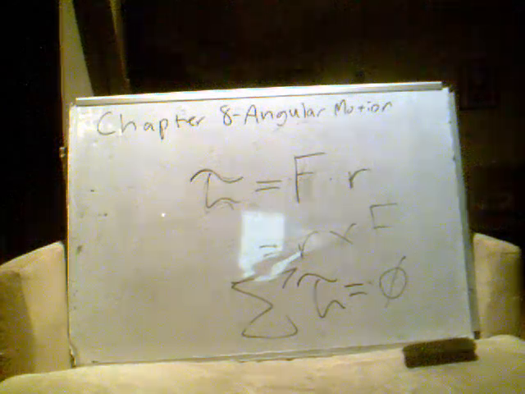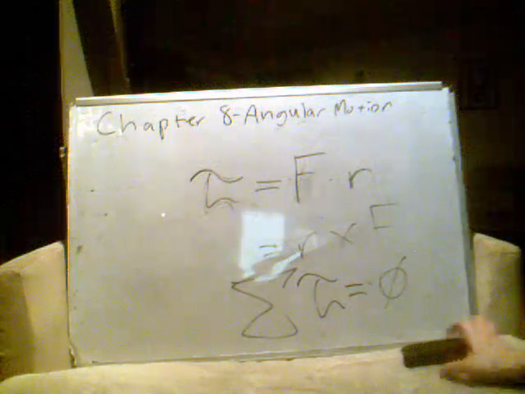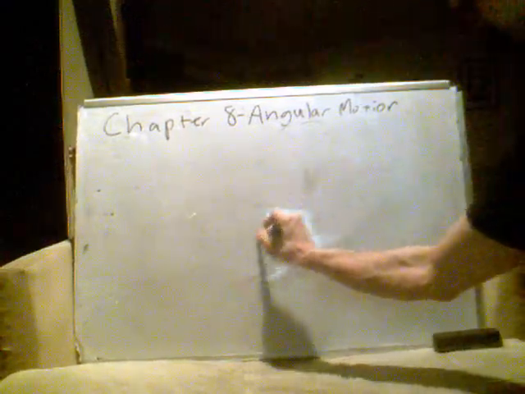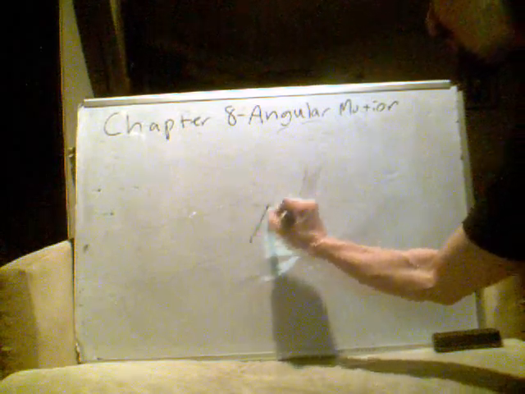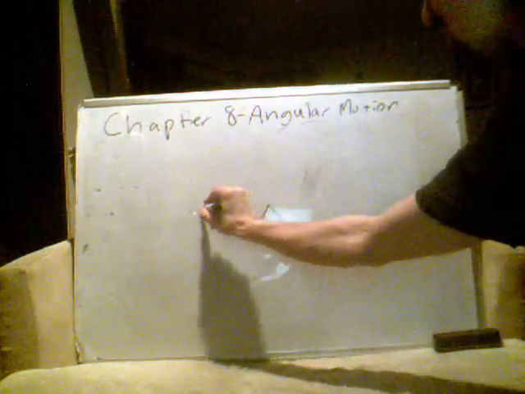So consider, if you will, two kids sitting on a seesaw. Here's the pivot point in the middle, right, that the seesaw is going to balance on. Here's our board.